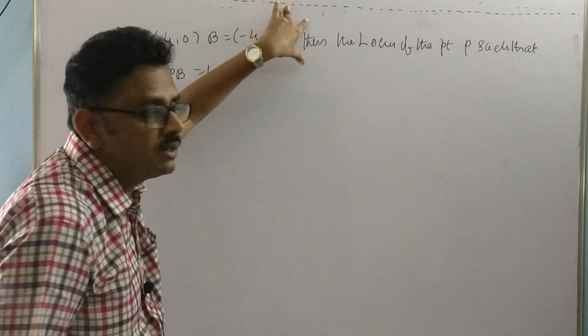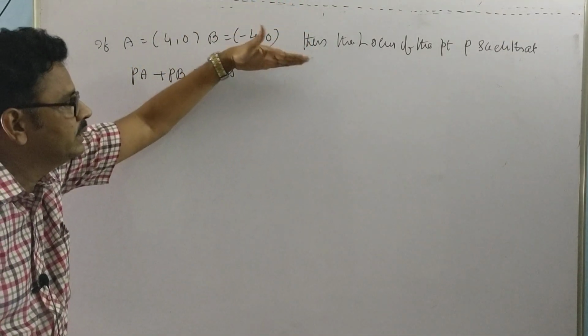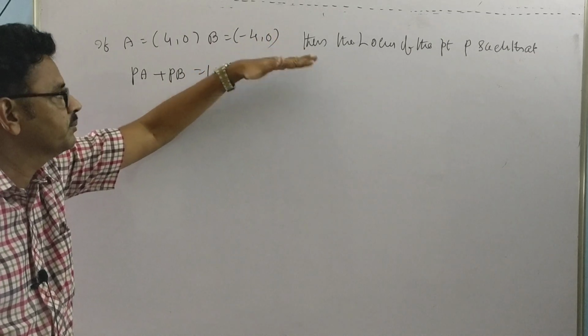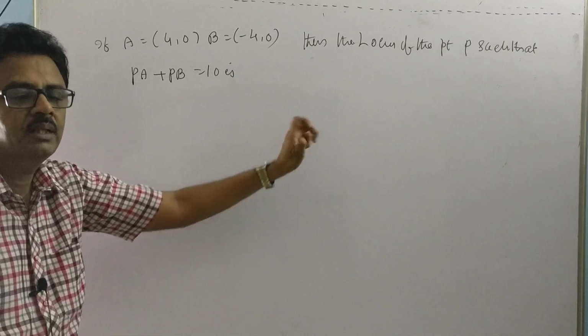In first year locus we have this type of problems. Without any idea, you simply do the problem: PA is equal to 10 minus PB, squaring on both sides and so on, you will get the answer.